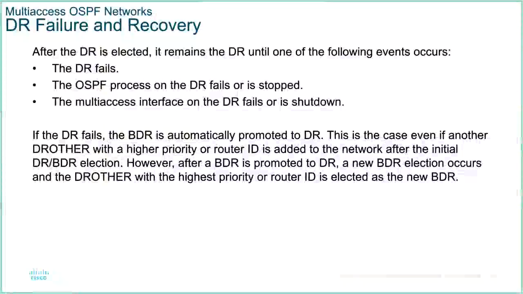So when does an election occur? Well, when the DR fails. Why does it do an election? Because the backup designated router becomes the designated router, and it needs a new election to find out who's going to become the BDR.